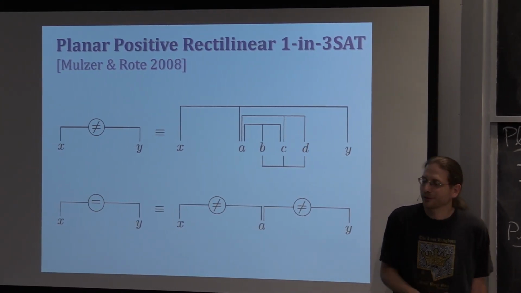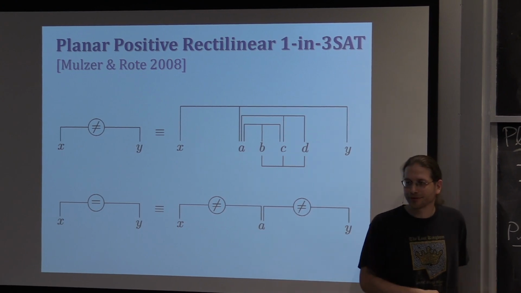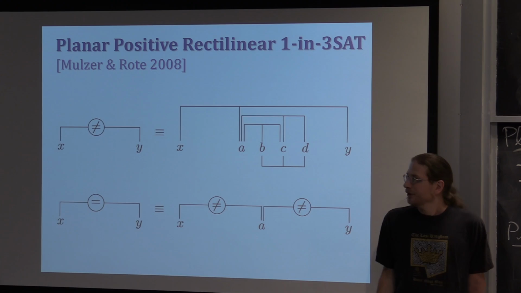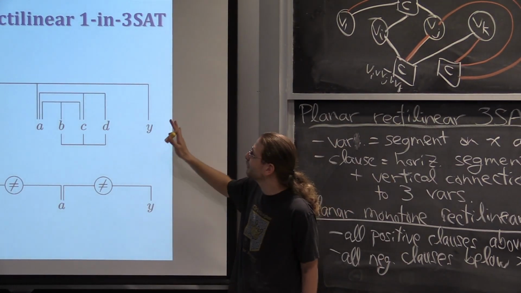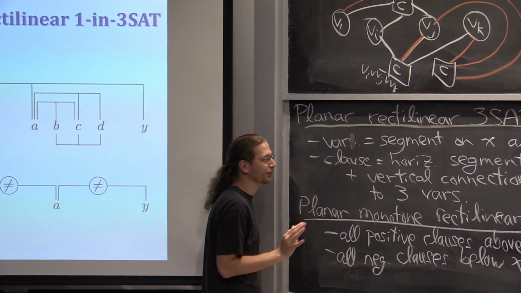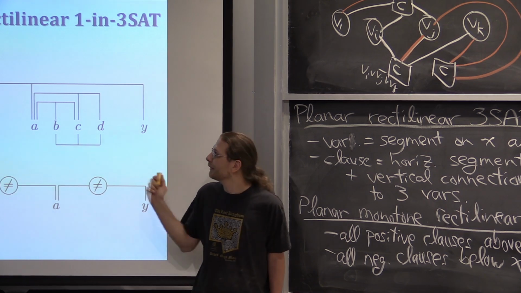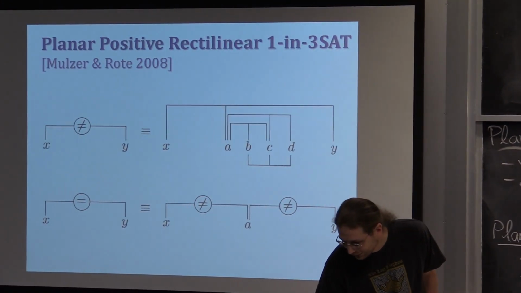But with 3 SAT, that doesn't work because you can set everything to true. 1 in 3 SAT requires some false things. So it's sort of the analog. This is sometimes called planar monotone rectilinear 1 in 3 SAT, but to avoid confusion because they are somewhat different, I'm calling it positive. And I think this paper actually calls it positive, which makes me happy.